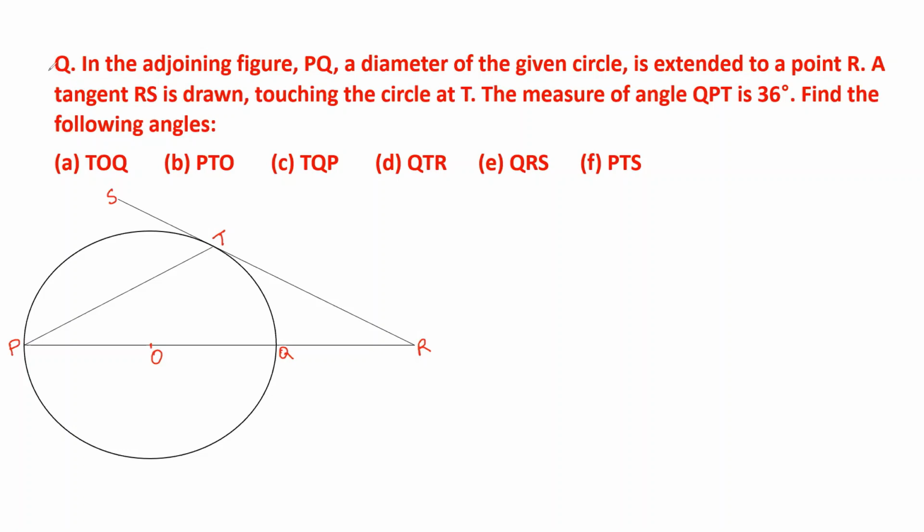Let us begin with this question. Here we have been given a figure where PQ is a diameter and this diameter PQ is extended to a point R. There is a tangent RS which is drawn, and this tangent RS is touching the circle at point T. Also, the measure of the angle QPT is given to be 36 degrees.